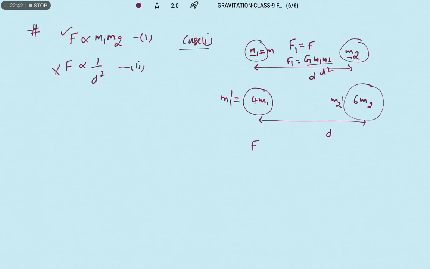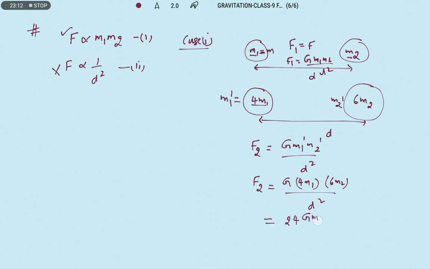Therefore F2 is G m1 dash m2 dash by d square. Because there is no change in distance, F2 is G into, m1 dash becomes 4m1, m2 dash becomes 6m2, by d square. So 24 G m1 m2 by d square.